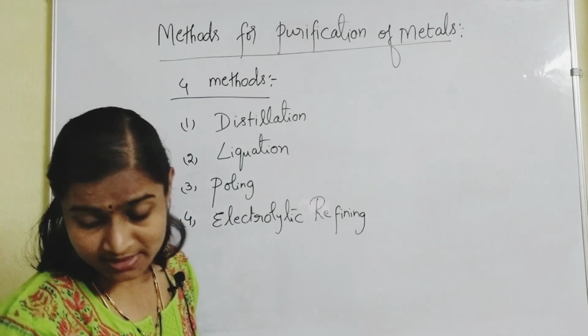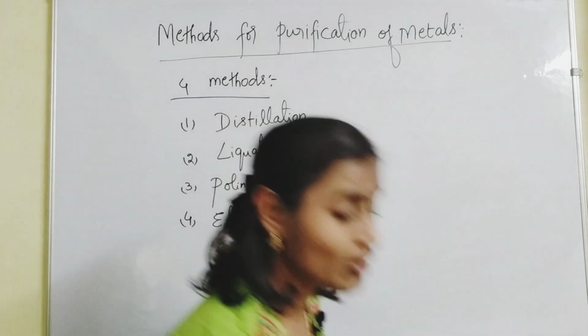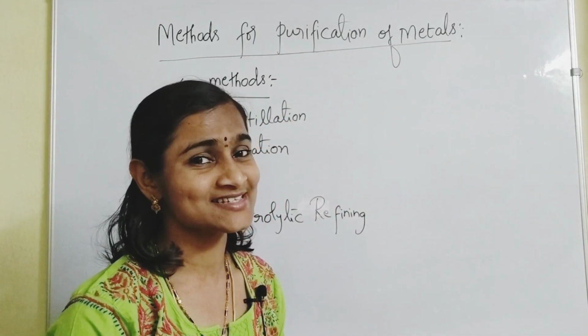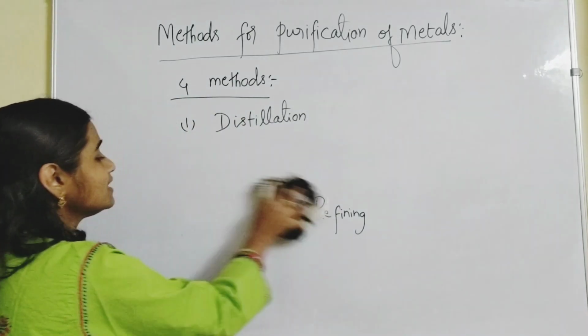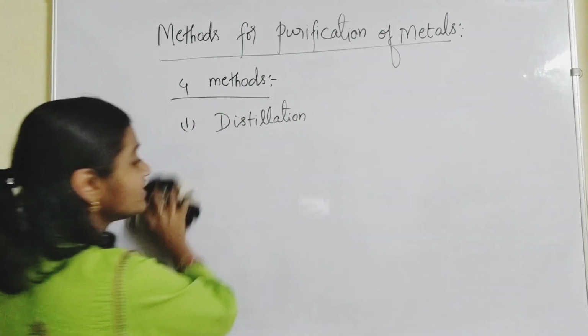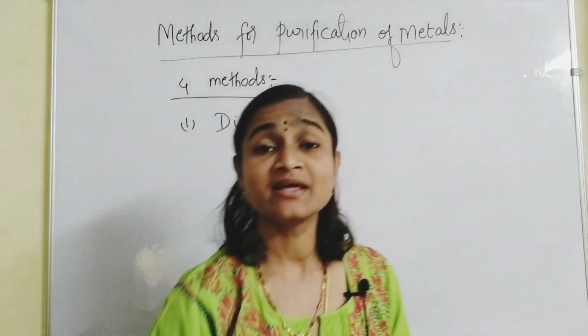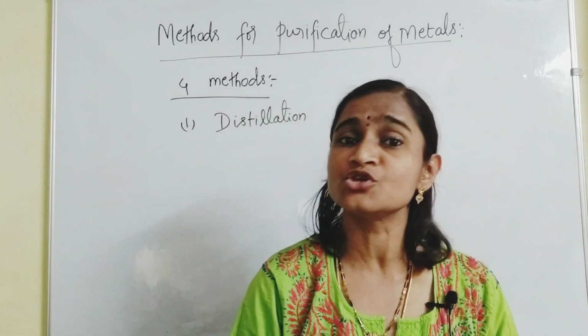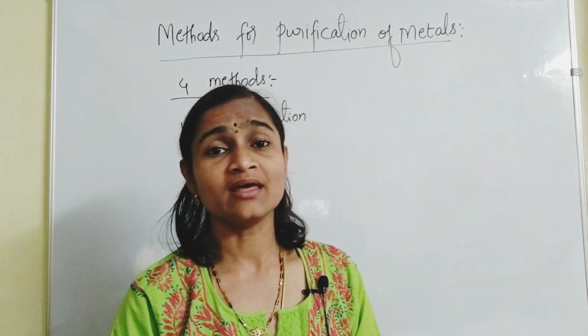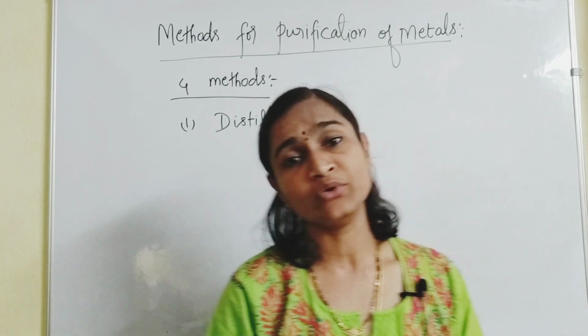Distillation. So what is distillation? All of you have learnt this in your lower classes. Here the molten metal is subjected to different temperature zones. Distillation is a method of purification of metals which have soluble impurities.